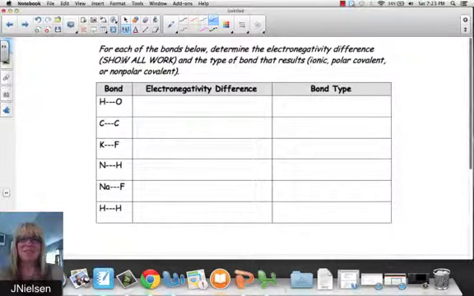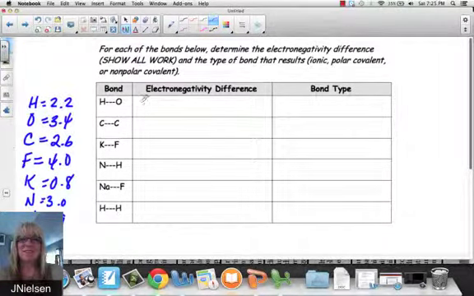Here they want us to show the electronegativity difference and then the type of bond, which is 3.4 minus H, which is 2.2, which is going to give us 1.2. So this is going to be polar.